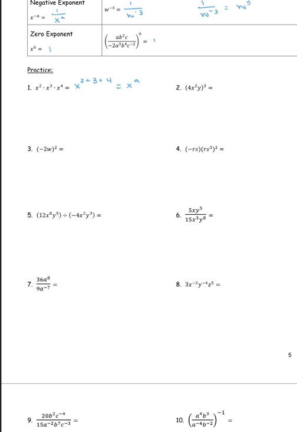For number 2, I have 4x squared y all raised to the power of 3. So remember, everything inside of the parentheses gets raised to the power of 3. So I have 4 gets cubed, my x squared gets raised to the power of 3, and my y gets raised to the power of 3.